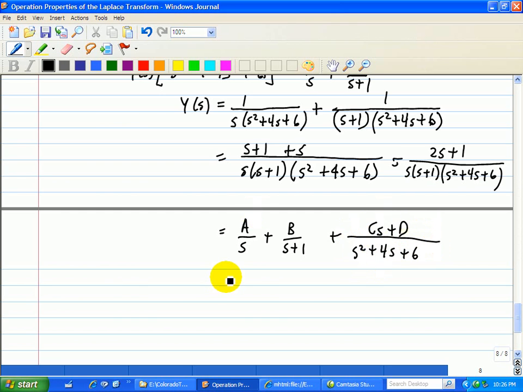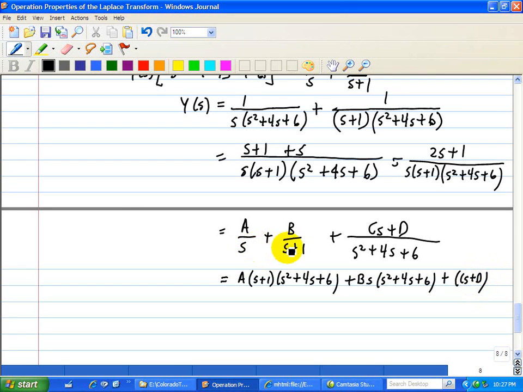Now, putting this in a common denominator, we have a times s plus 1 times s squared plus 4s plus 6, plus b times s squared plus 4s plus 6, plus cs plus d, and then s times s plus 1 is just s squared plus s.